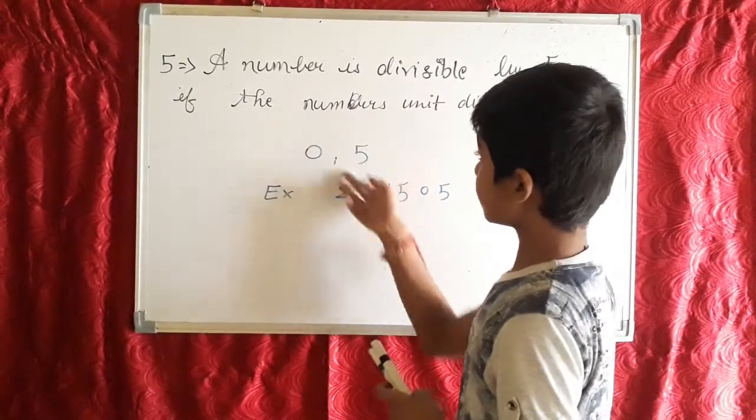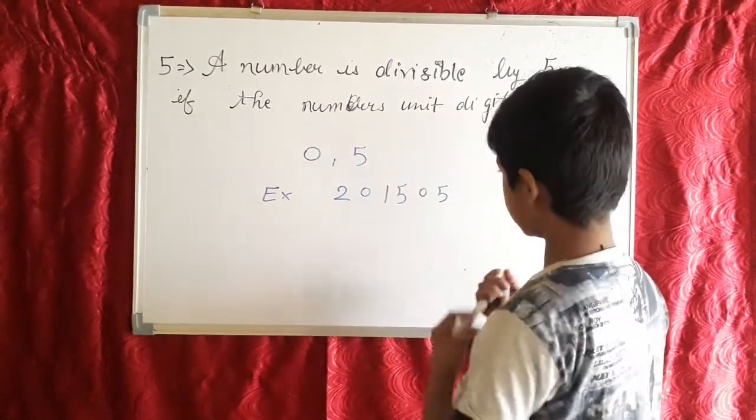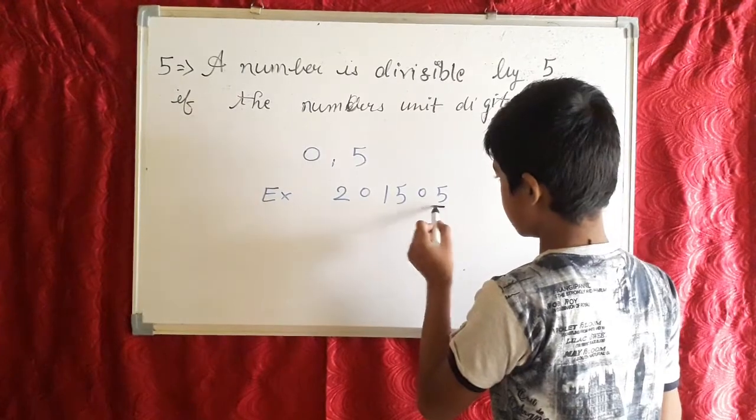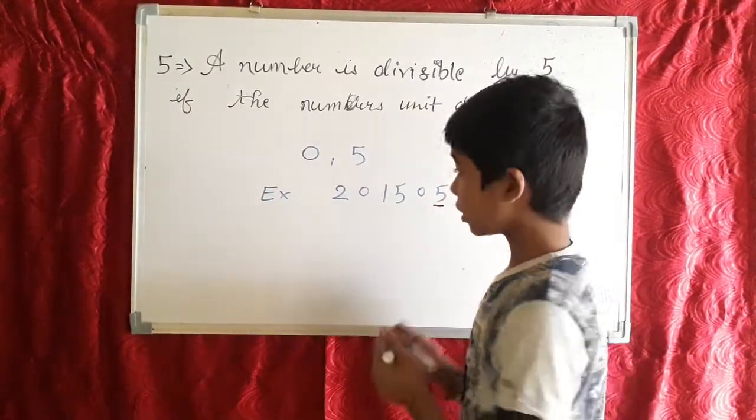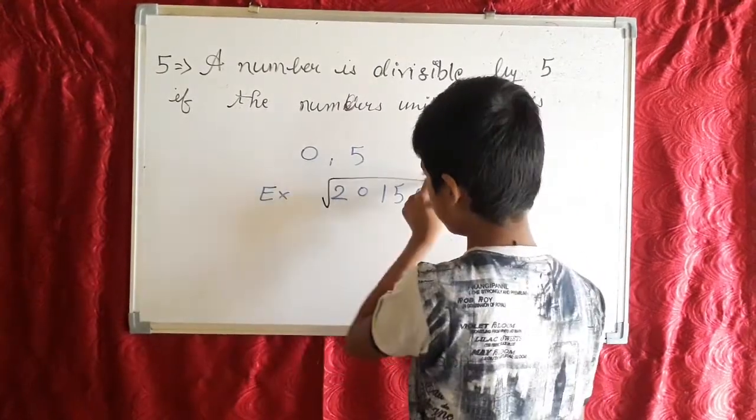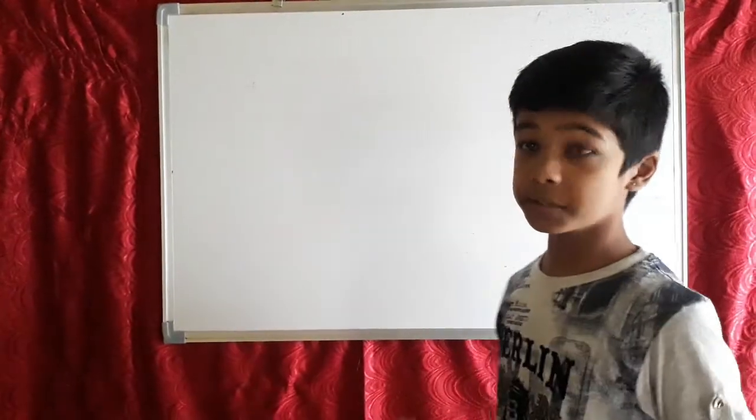For example, the number 2,01,505. Is this number divisible by 5 or not? Our divisibility test says a number is divisible by 5 if its unit digit is 0 or 5. Here the unit digit is 5, so this number is divisible by 5. We have shown you the divisibility test of 5.